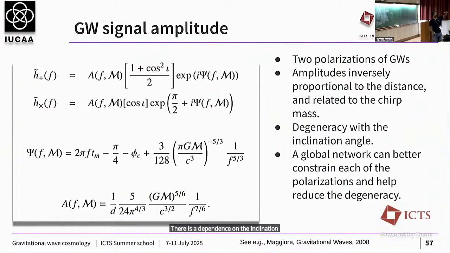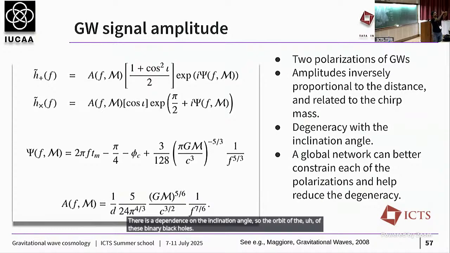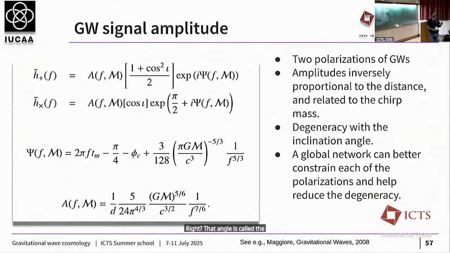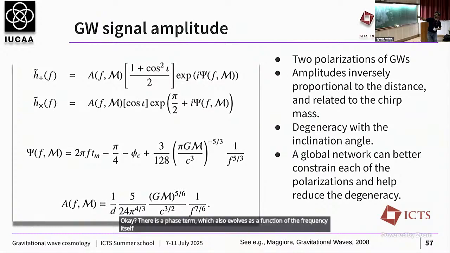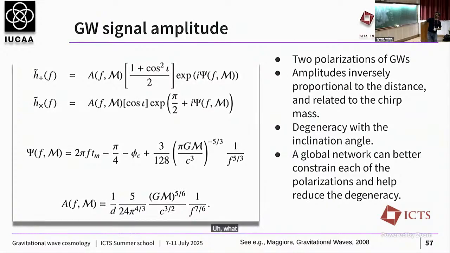The angular momentum of the orbit of these binary black holes forms an angle with respect to the line of sight towards the center of mass. That angle is called the inclination angle, iota. The plus polarization depends on one combination, and the cross one depends on another. There is also a phase term which evolves as a function of the frequency itself.